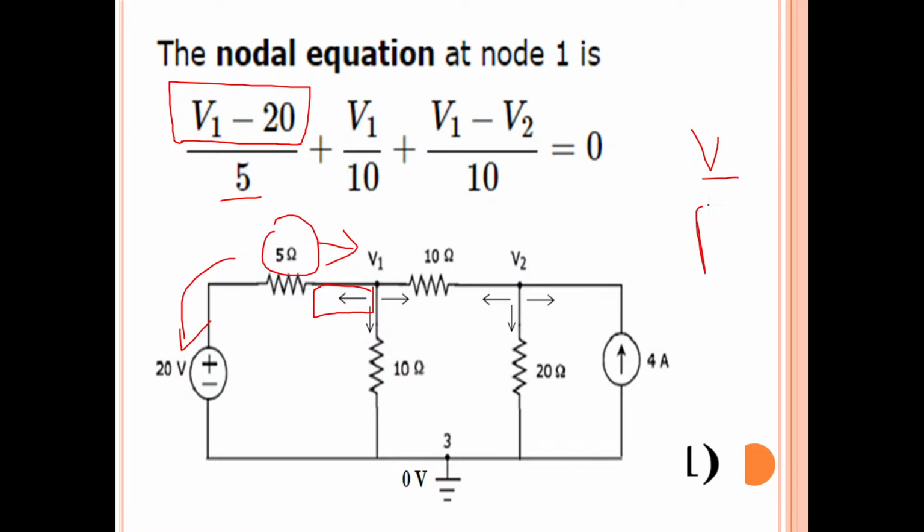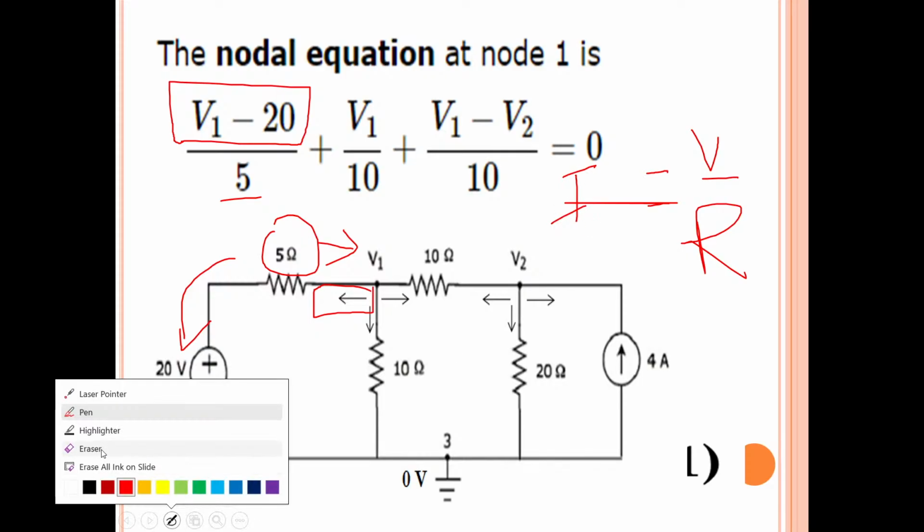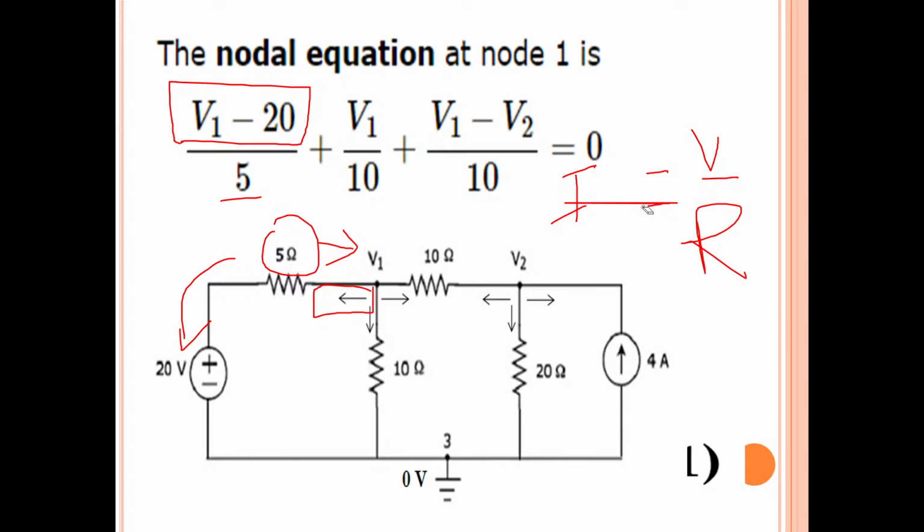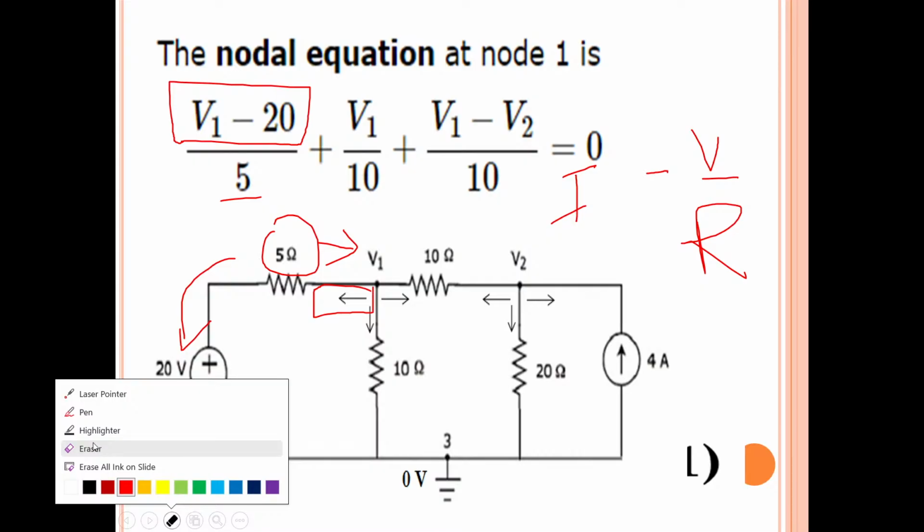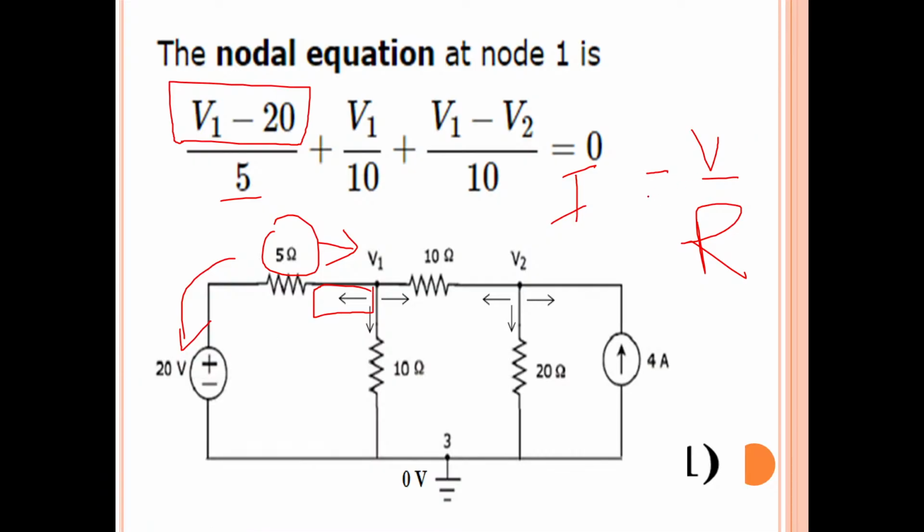V by R is nothing but current. V by R is equal to current, we already know that.